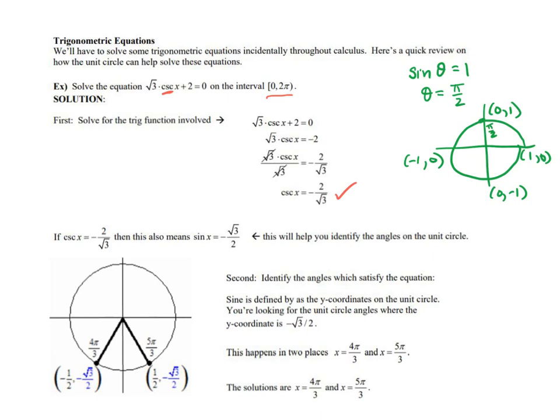So here is where you're trying to find where is cosecant equal to negative 2 over radical 3. Well, what we truly try to focus on is sine, because sine is the y value, or cosine, which is the x. So knowing that cosecant is negative 2 over radical 3, remember its reciprocal is sine, so that's the same as looking for sine equal to negative radical 3 over 2.